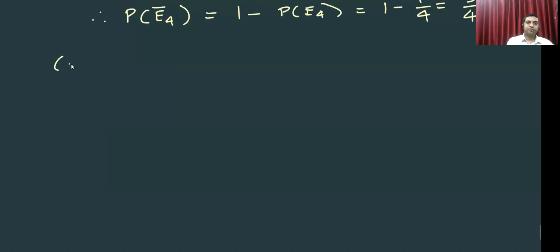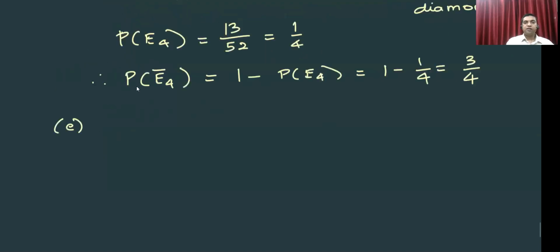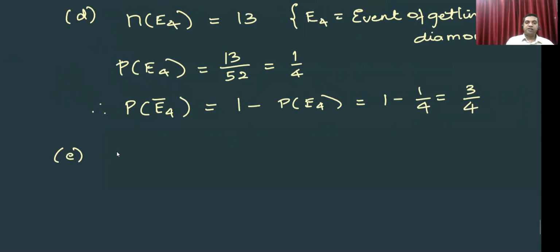So that's the answer. Next, E5 is the event of getting a prime number.